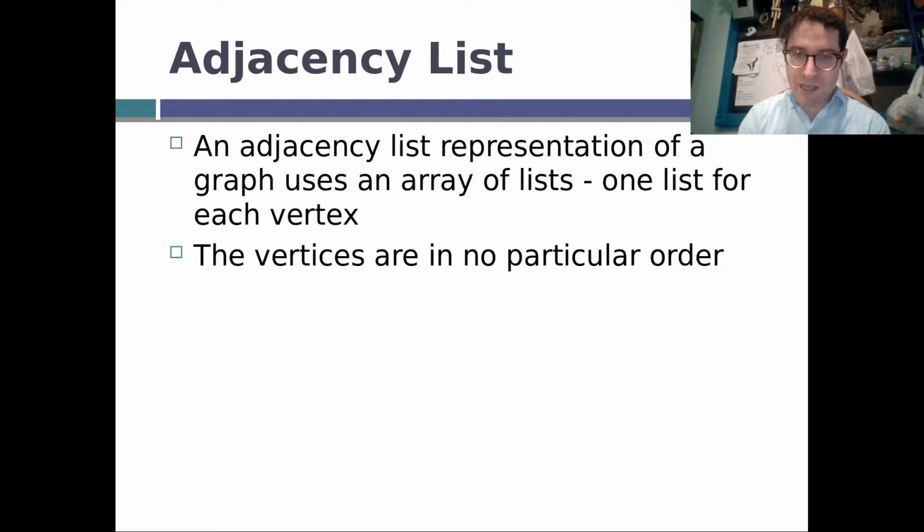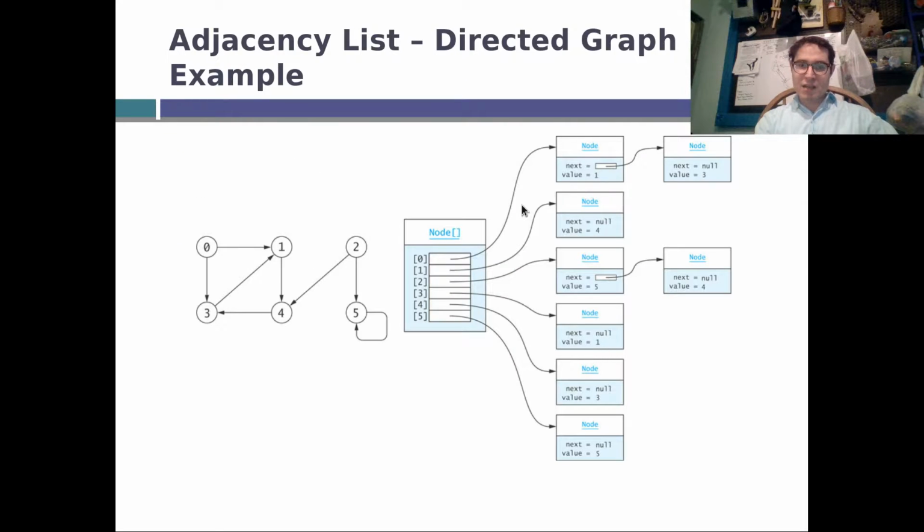So again, an adjacency list is a representation where they use an array of lists, one list for each vertex. Let's say the vertices are numbers. The way we can represent this is that we have our vertices 0, 1, 2, 3, 4, 5, right? So we have a list at index 0 that's going to hold a list of all the nodes it's adjacent to.